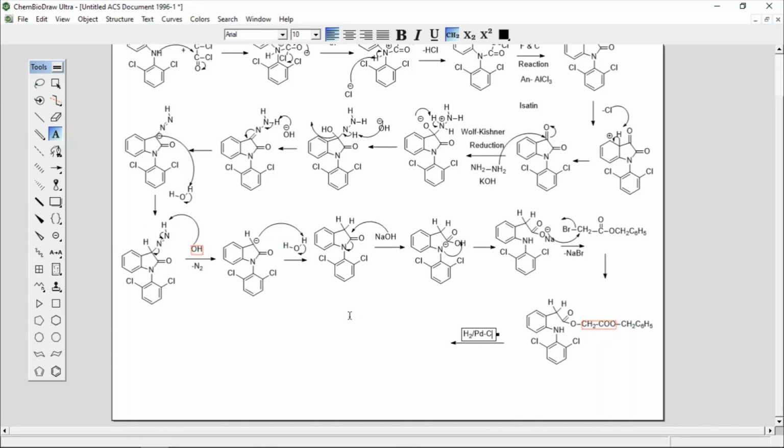So it breaks the bond from here. One hydrogen here, you are using two hydrogens, so one hydrogen will join to this oxygen and one will join to this CH2. So one product will be toluene and one will be your aceclofenac.